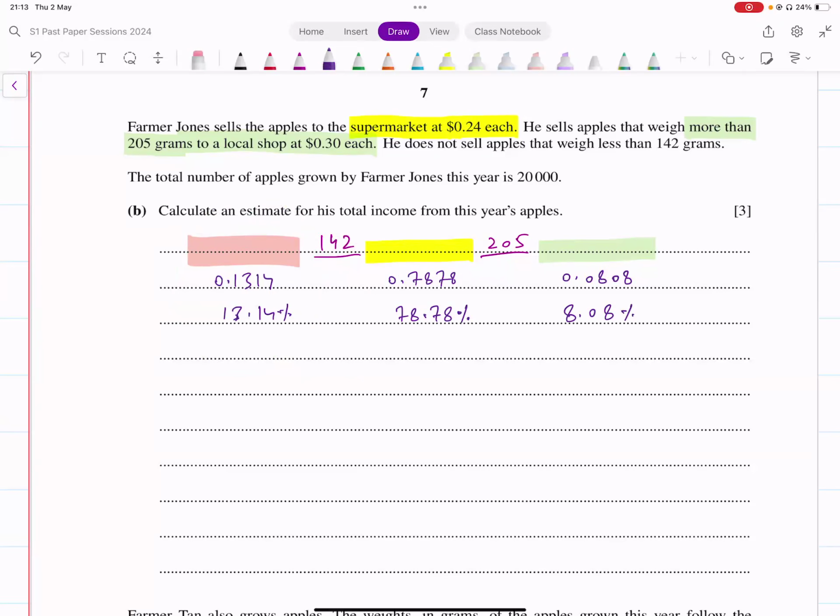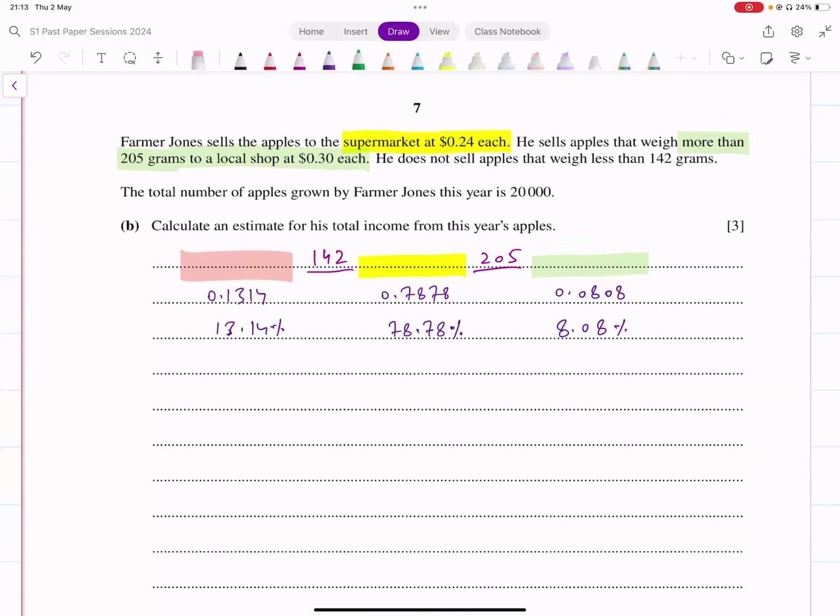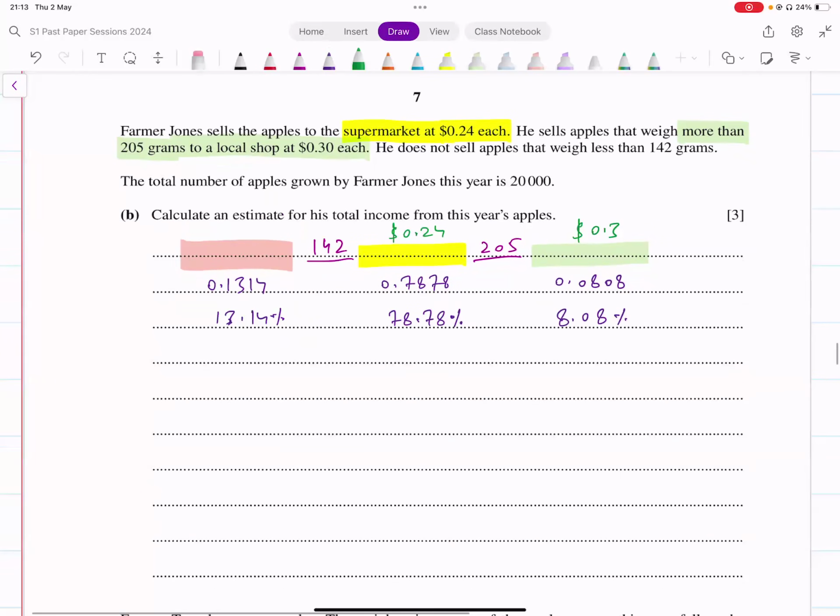Now you know that the middle region, they are sold for $0.24. The region on the right side, they are sold at $0.3. How many apples do we have in each region? Let's find this out. 20,000 multiplied by 0.7878.